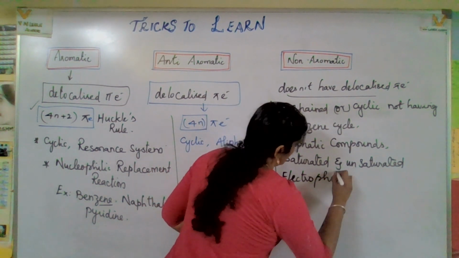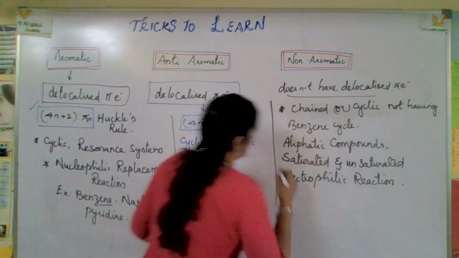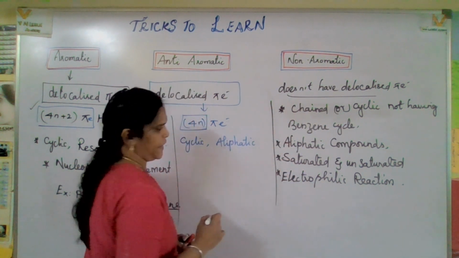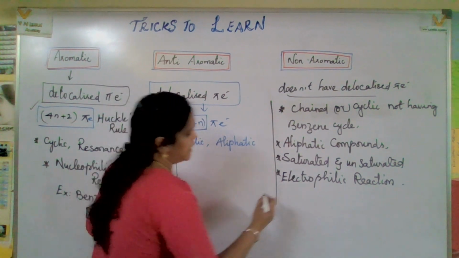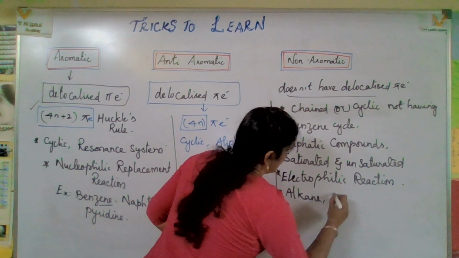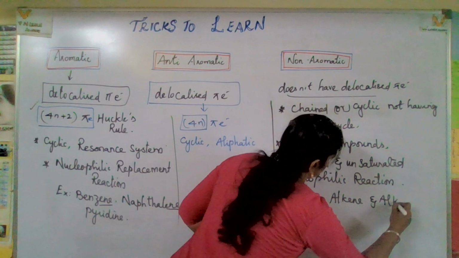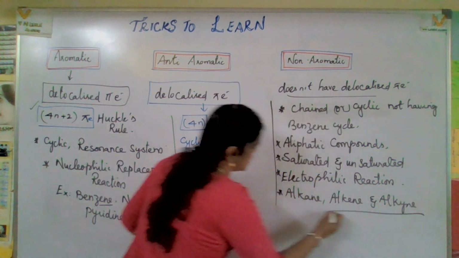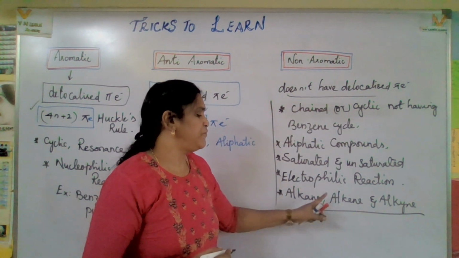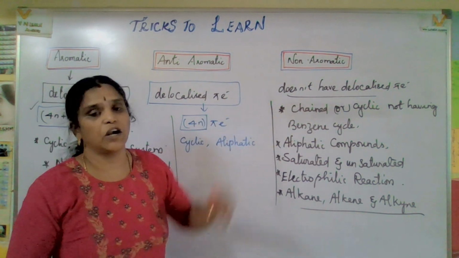These are all the points to be noted for the tricks to apply when solving sums. As examples, alkane, alkene, and alkyne, you know very well these are the main points to introduce. All of these belong to non-aromatic.